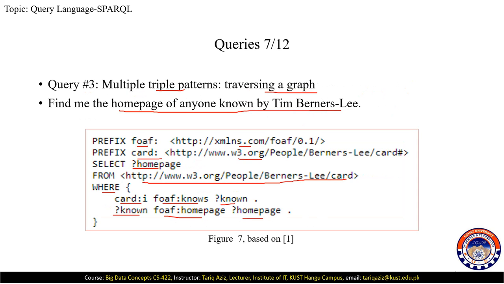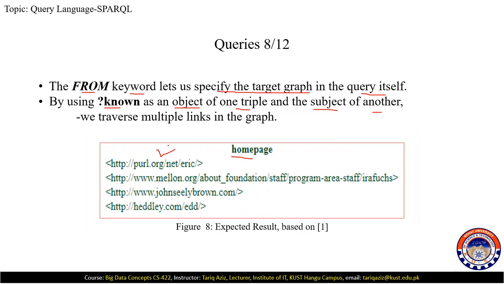If you go back to the query, in the first case this entry is behaving as an object, but in the second triple it is behaving as a subject. So what's the advantage? The advantage is that by doing this we can traverse multiple links in the graph. So this is the result of the query.